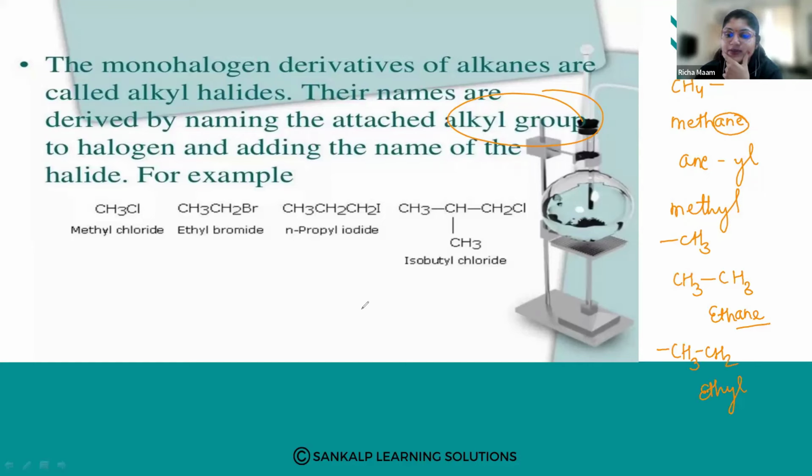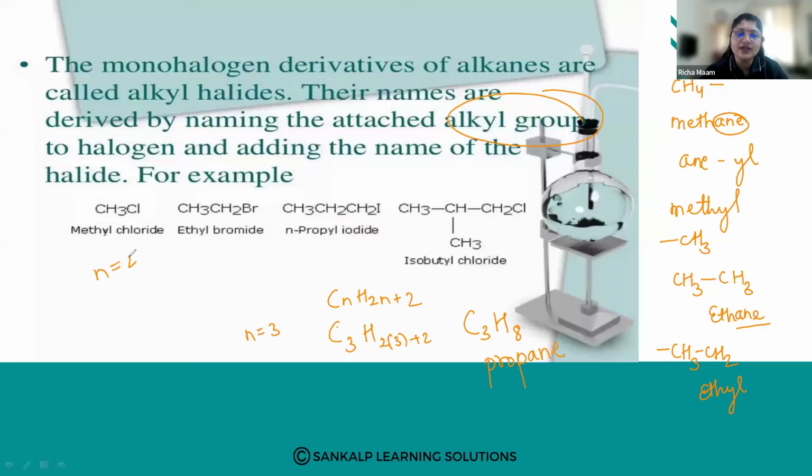Same way, the formula is CnH2n+2. If the number of carbon atoms is 3, n equals 3, you get C3H(2 into 3 plus 2), so C3H8. This is propane. When carbon number is 3, it is propane.